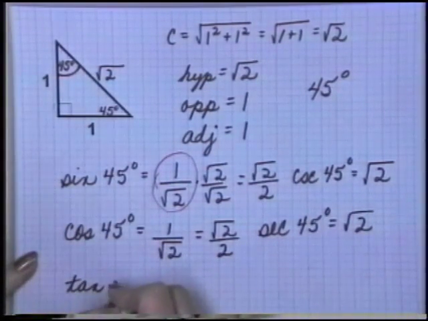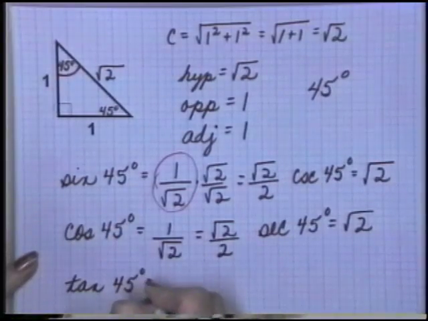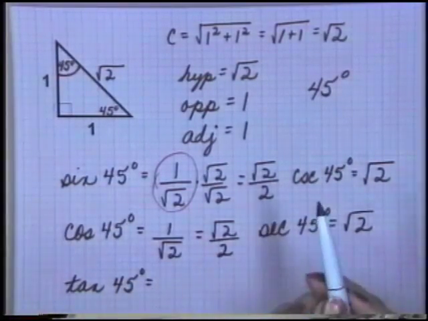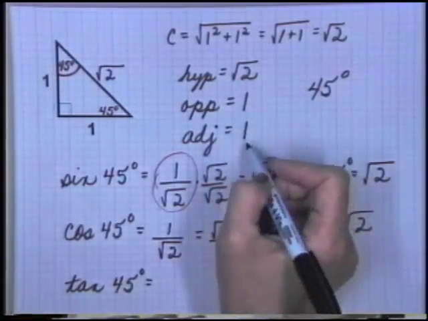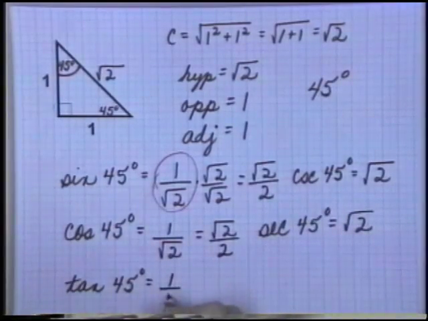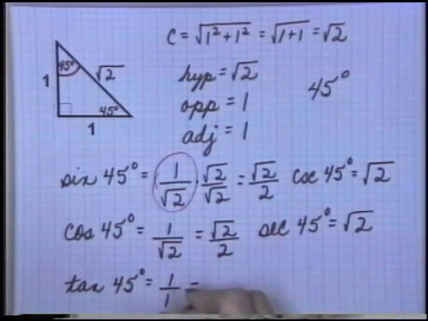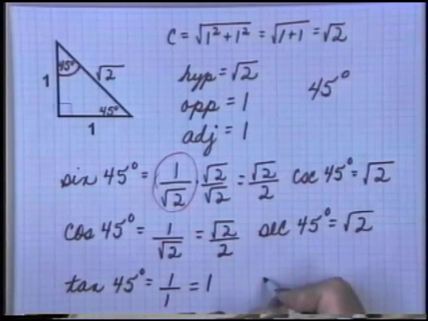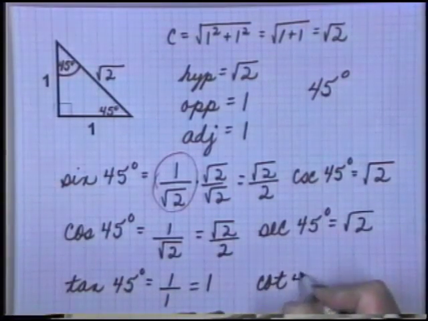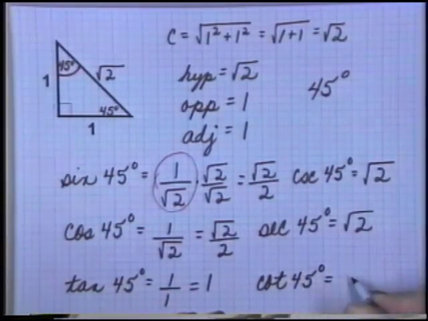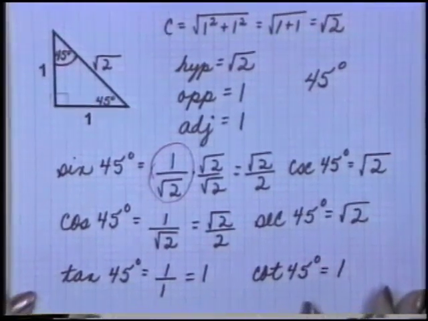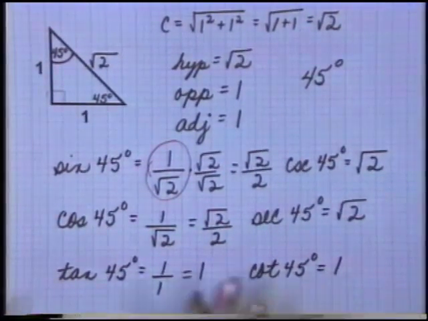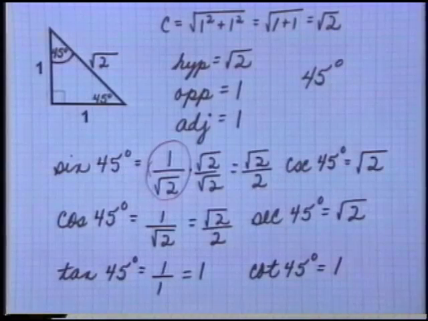And let's look at what happens when we find the tangent of 45 degrees. The tangent is opposite divided by adjacent, which would be 1 divided by 1, which is 1. And then the cotangent would be the reciprocal of 1, which is also 1. So there are the 6 trig functions of 45 degrees.